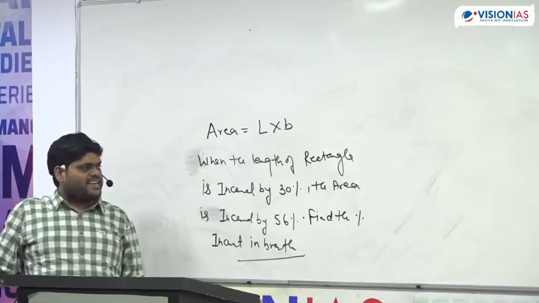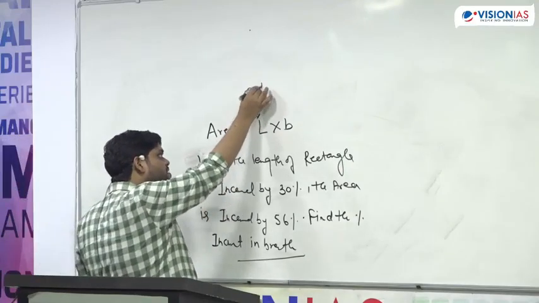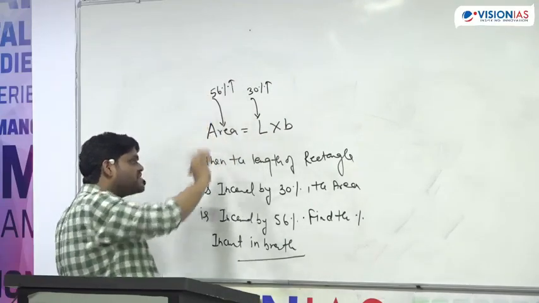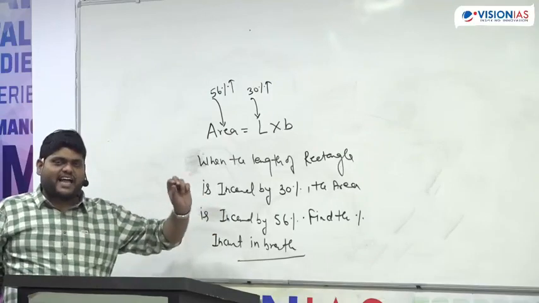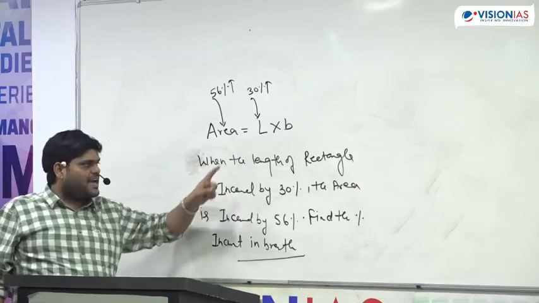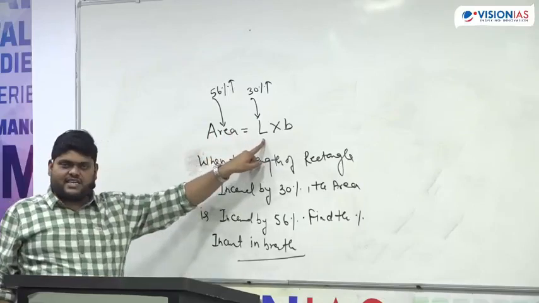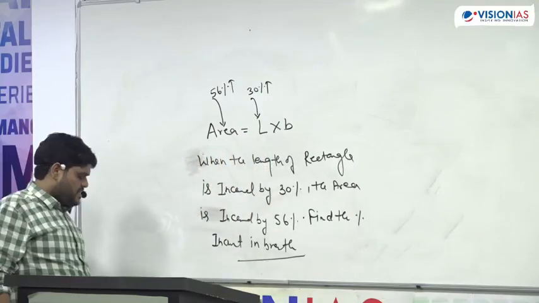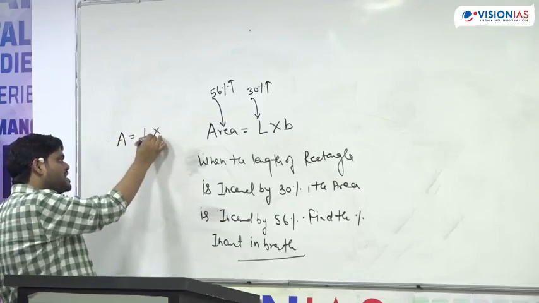When the length of a rectangle is increased by 30%, and because of this the area is increased by 56%, we have to find the increment in the breadth. Now understand, we cannot apply successive increment or decrement directly here. Successive increment or decrement was applied when both values are increasing or decreasing, but here the sides are increasing and the area is increasing. The best way to solve: area is equal to length into breadth.